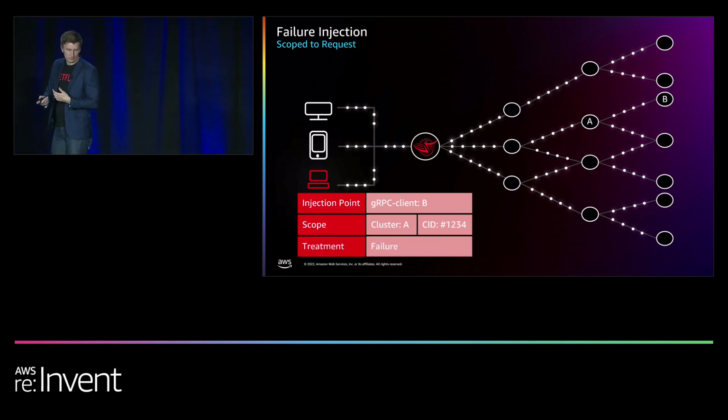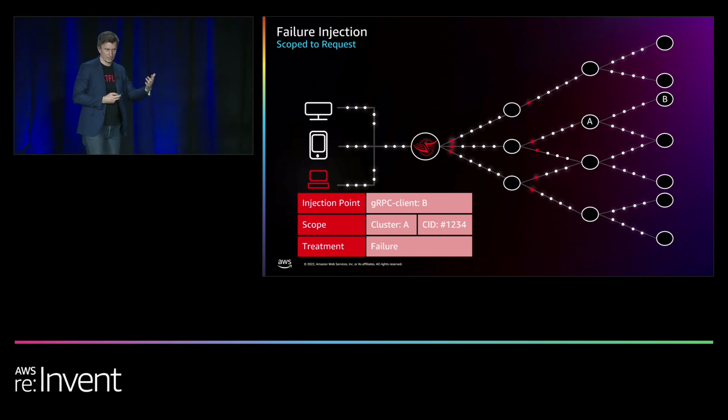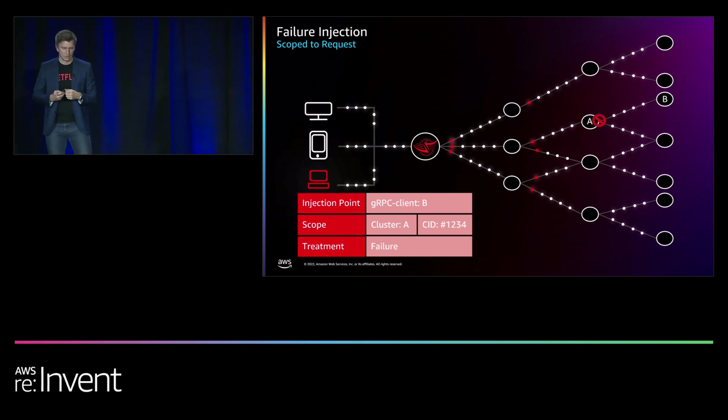As these requests travel from the device through the edge gateway, where they are marked with the fit tags, these tags get propagated through the infrastructure, and only those requests that are tagged and actually reach that injection point of a gRPC client to service B from cluster A will fail. This is scoped to a single device only. Only that one device is impacted.